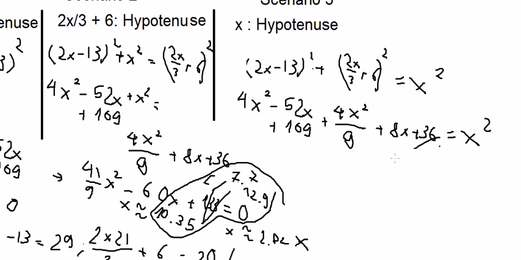So we put x squared here. You get 4 plus 4 over 9 minus 1, and you get 31 over 9 x squared.